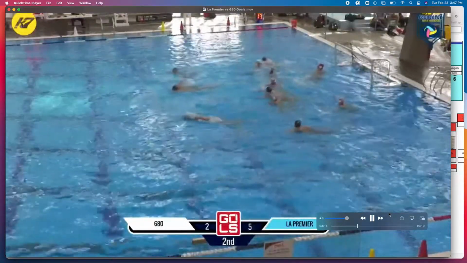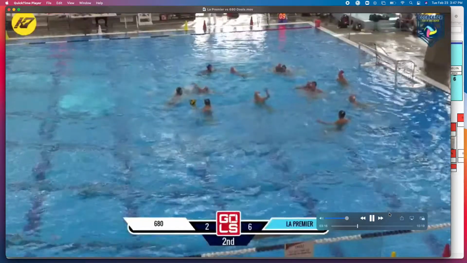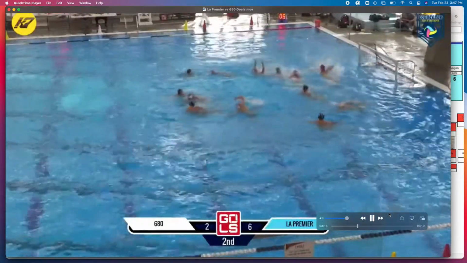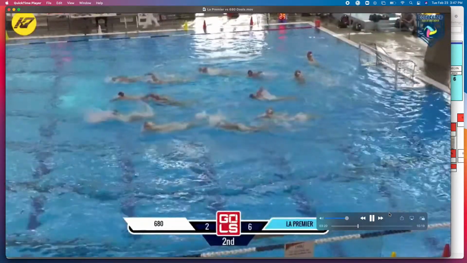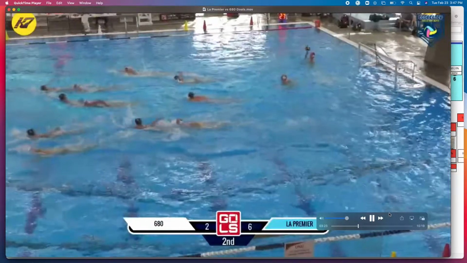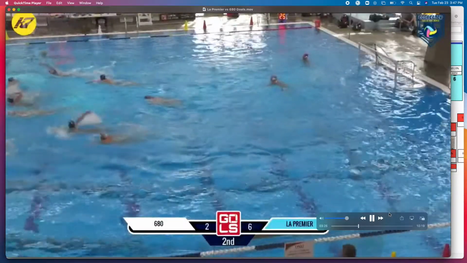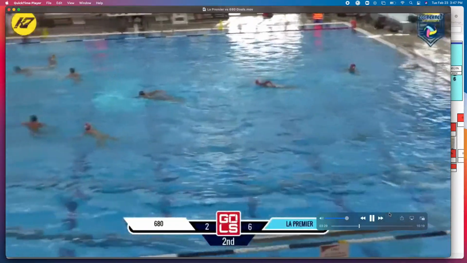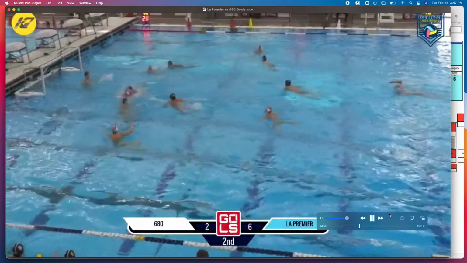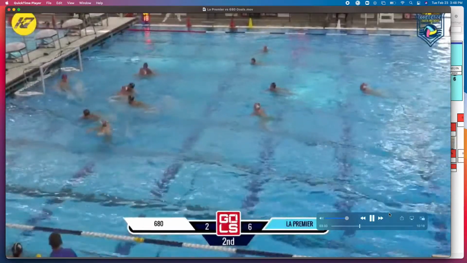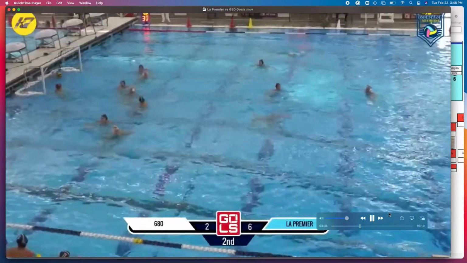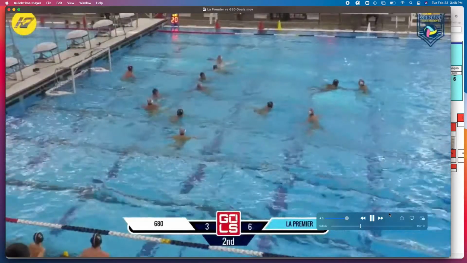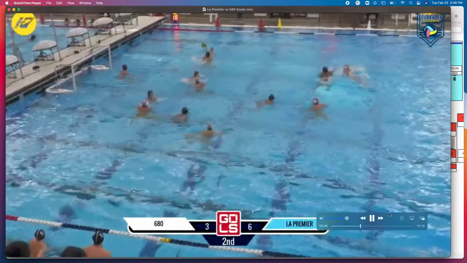Finish there, but ends up in the hands of 14, Christopher Arapian. Number 4, Timothy Kerr puts that ball down into Grant Watson. Grant Watson working for 680.